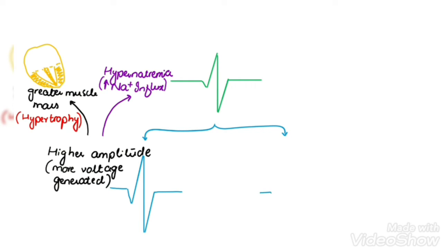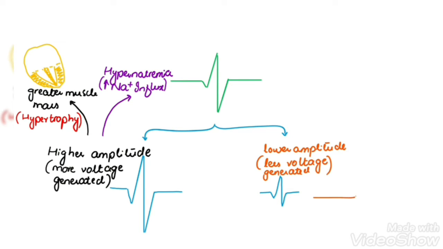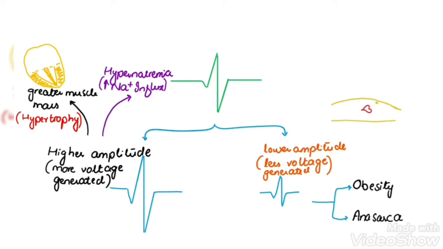If the QRS complexes are of low amplitude, they show that low voltage is recorded. This is either in obesity or in anasarca, which is generalized body swelling. In both these cases, there is either adipose tissue or fluid that blocks the voltages from reaching the precordium.